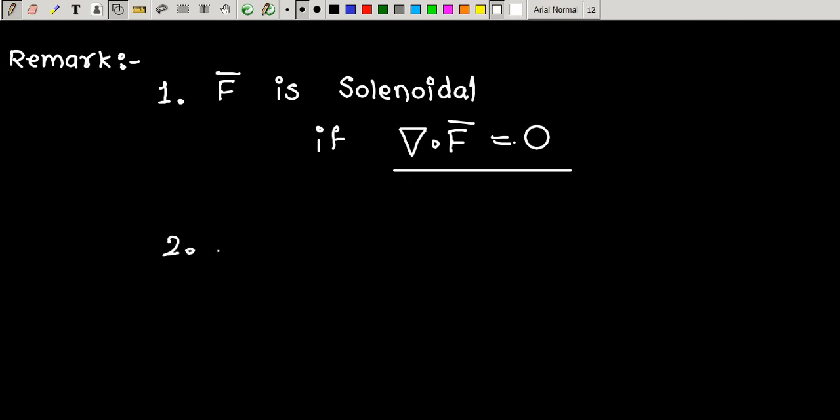And the second one is that the field lines of a solenoidal field are either closed loops or they may end at the point of infinity. So we are not going into the graphical approach of the solenoidal fields.